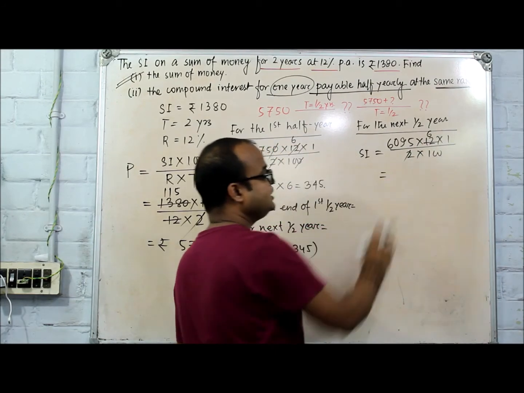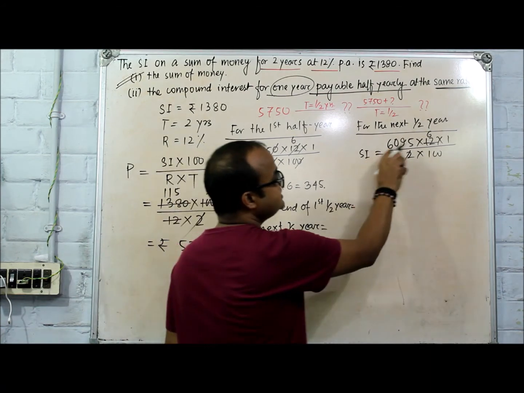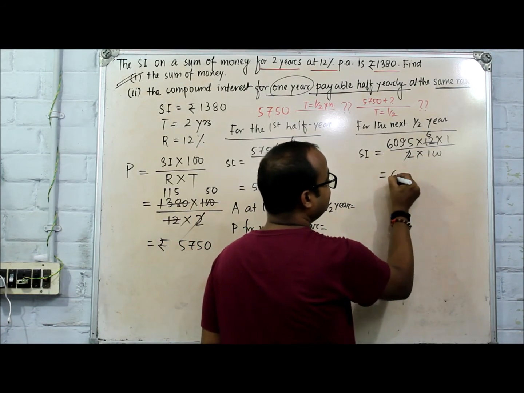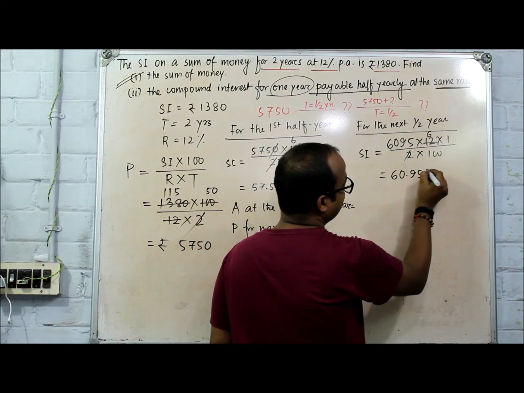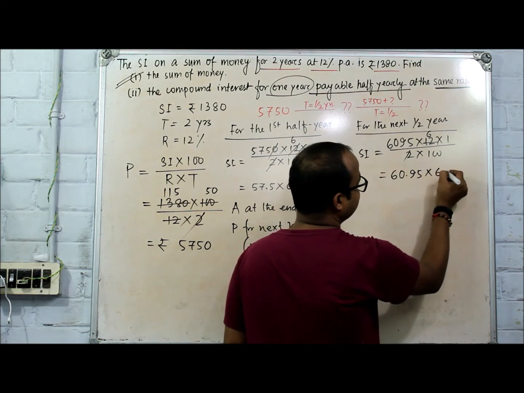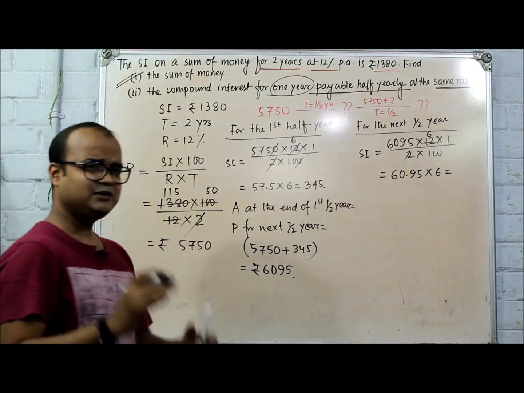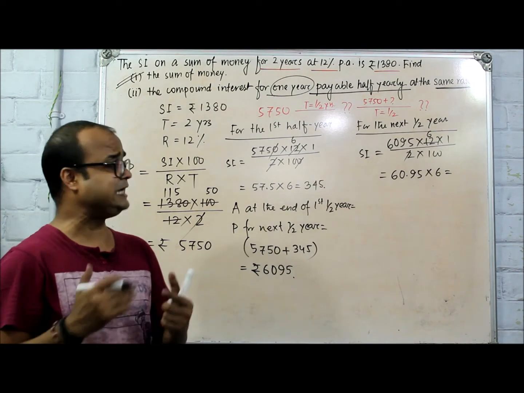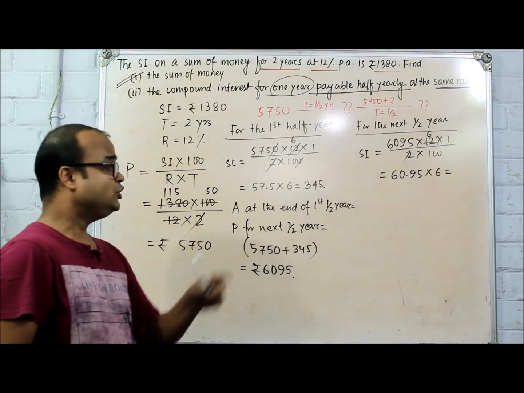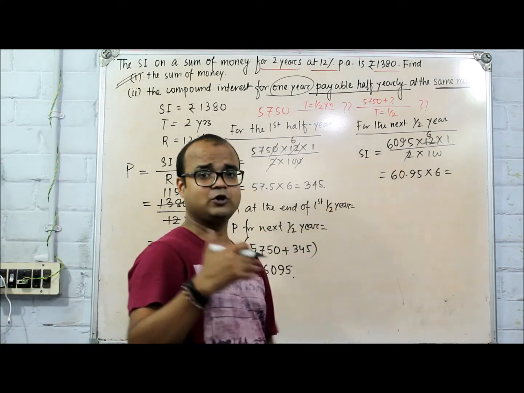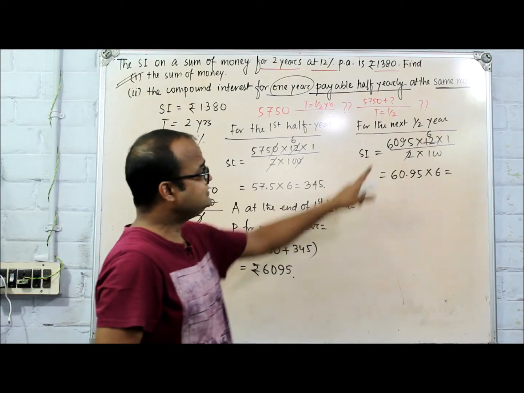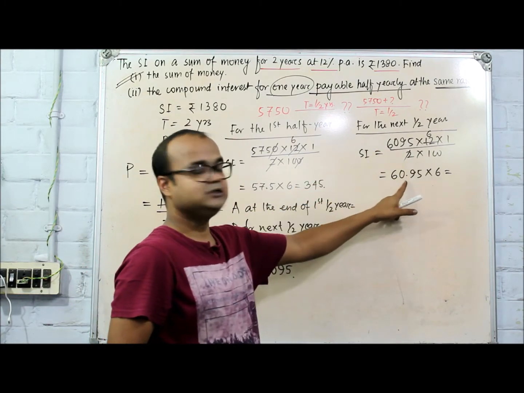Now I am not cancelling this 100 because directly 6095 divided by 100 gives 60.95 into 6. So whenever the denominator contains 10 or a multiple of 10, don't go for the cancellation, it will complicate your calculation. Directly you adjust with the decimal.